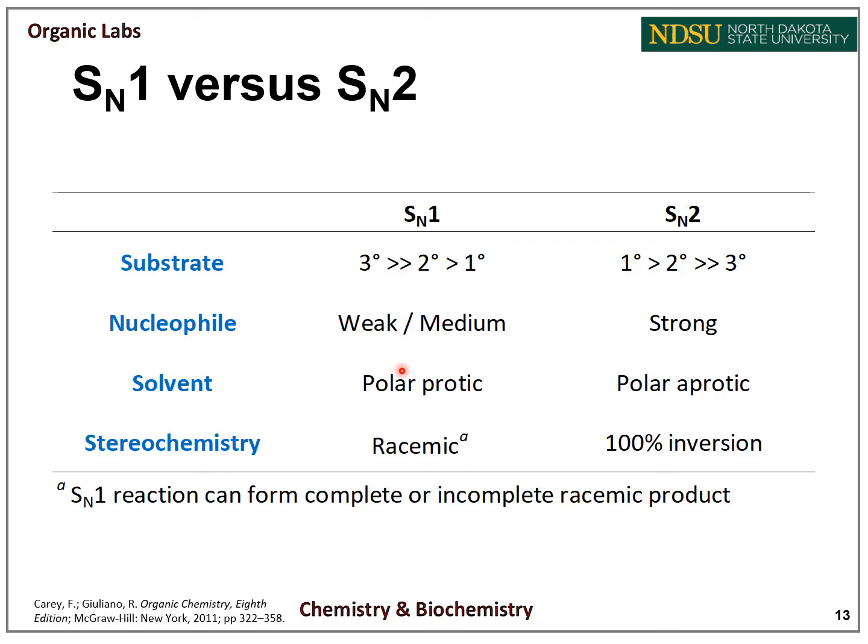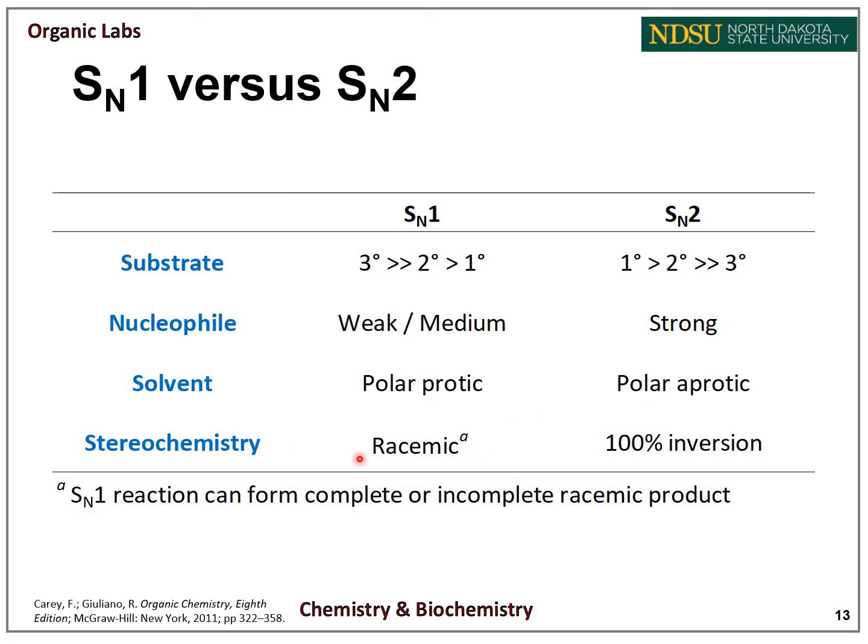The nucleophile for an SN1 reaction is usually weak to medium strength, whereas in an SN2 reaction, the nucleophile is usually strong, usually a charged species. The solvent in an SN1 reaction is usually a polar protic solvent, whereas in SN2, it's usually polar aprotic.